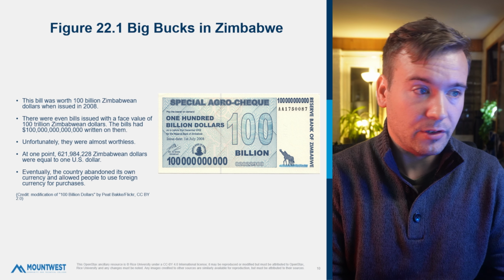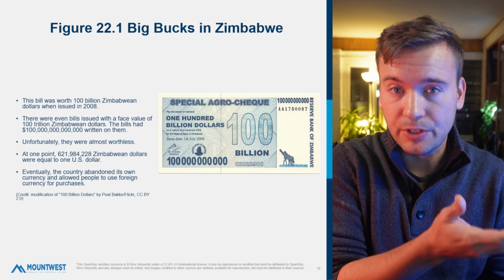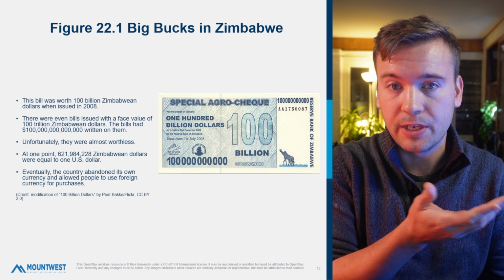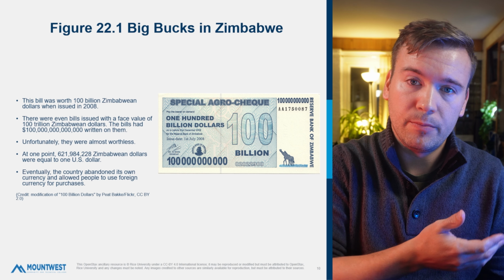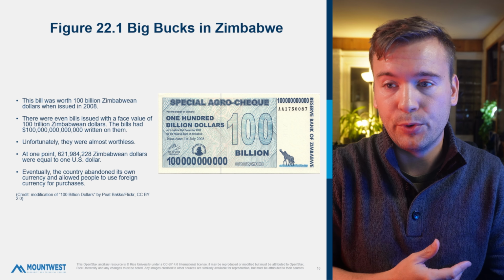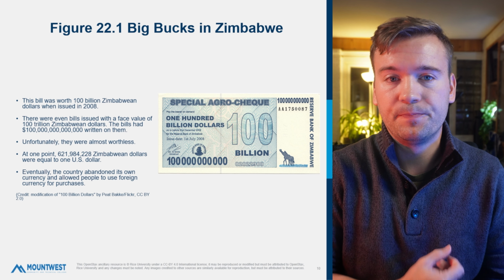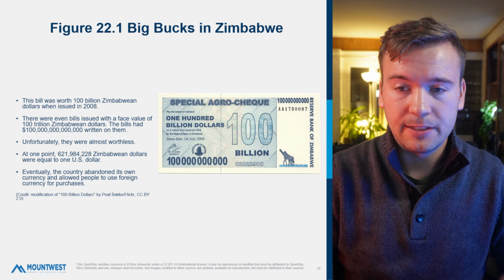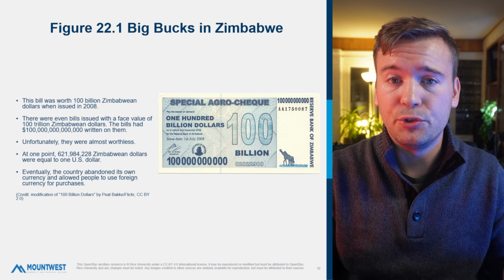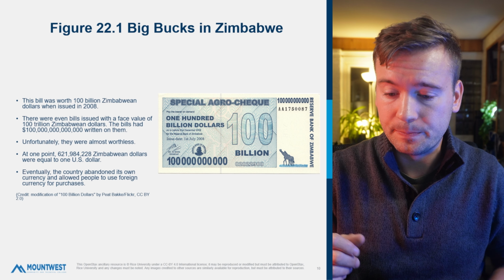Not long after, this currency was no longer supported by the government. At one point, 621 million Zimbabwean dollars were the equivalent of $1 US. That's the exchange rate. Like I said, they just had to abandon their currency because it got too out of control for them to handle.